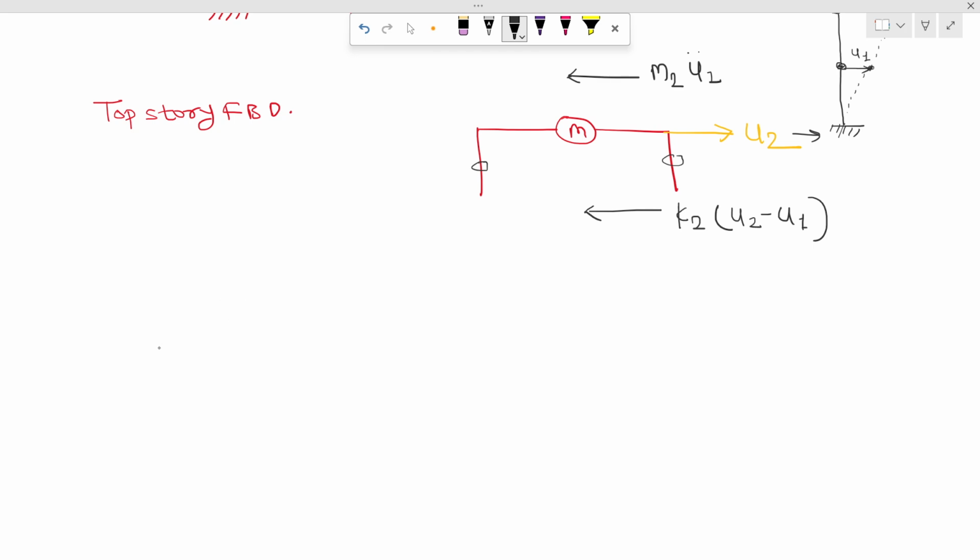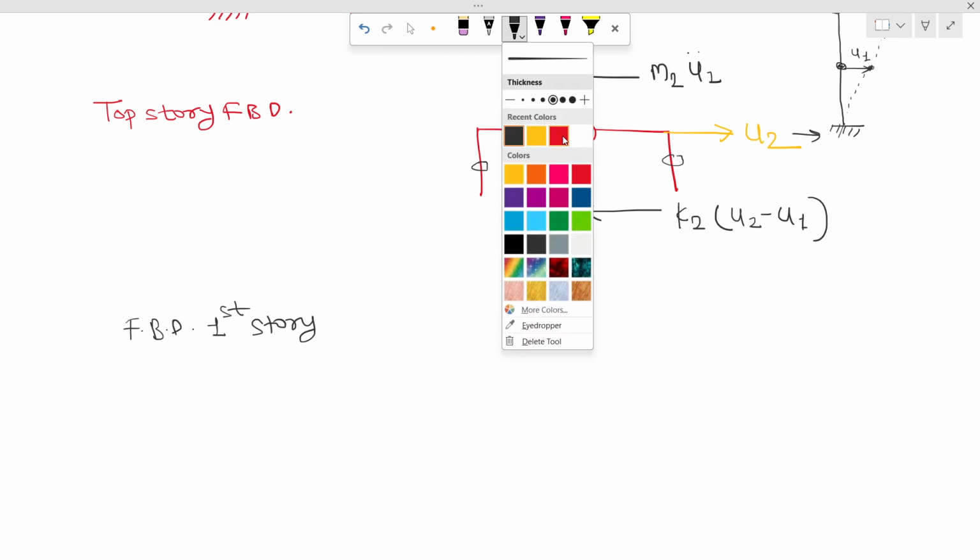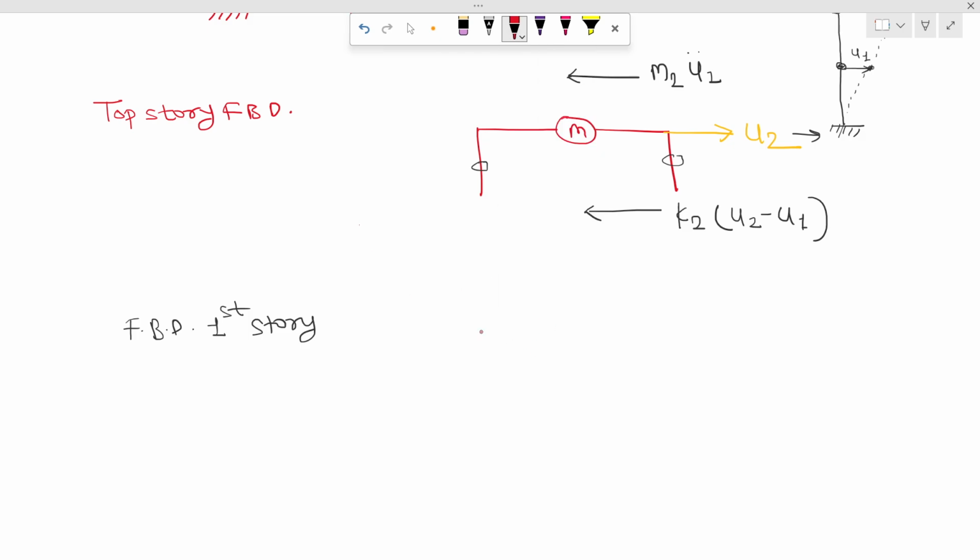Now I will draw the free body diagram for the first story. Okay, this will be the cut section. As you know, here it is 2M.